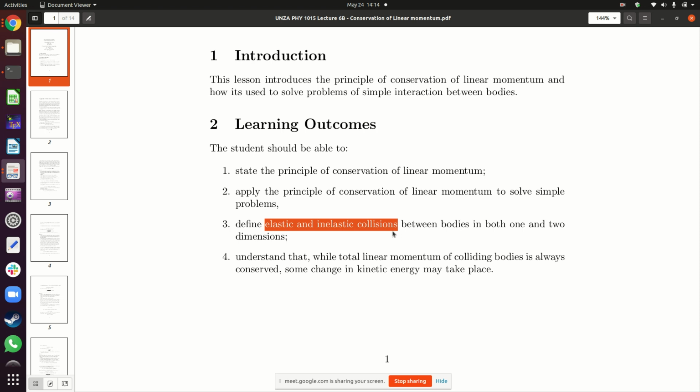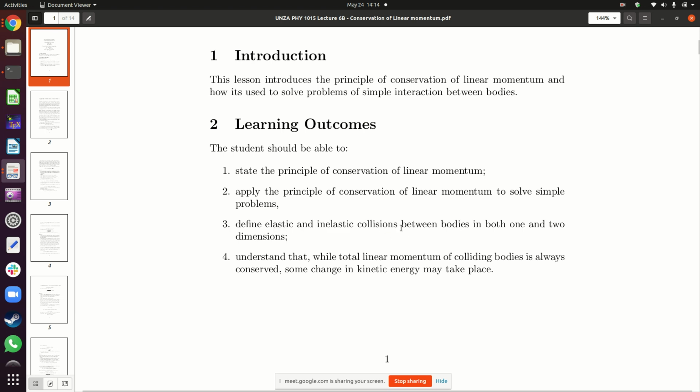If the kinetic energy just before the collision is the same as the total kinetic energy just after, then we say that such a collision is an elastic collision. Usually, there are very few cases of elastic collisions. Most of the collisions which objects undergo are inelastic collisions, where the kinetic energy before and after the collision are not the same.